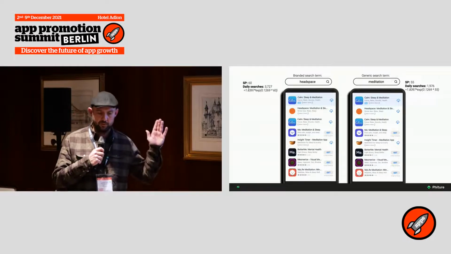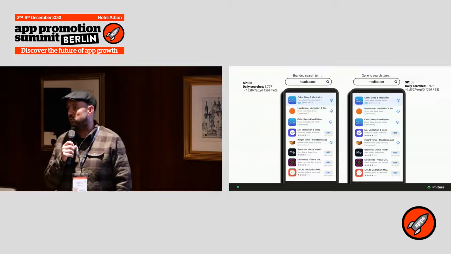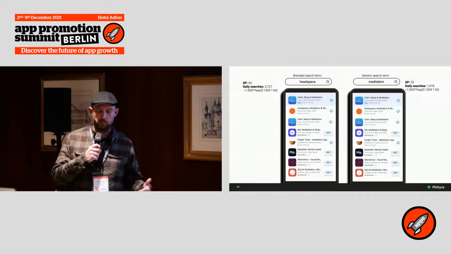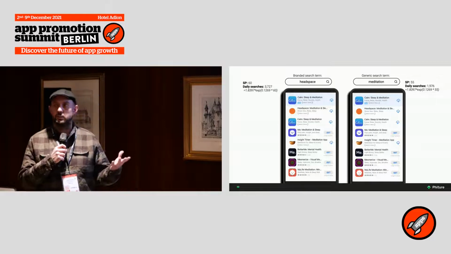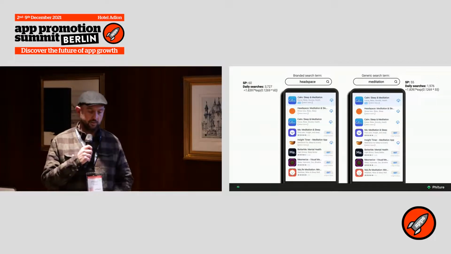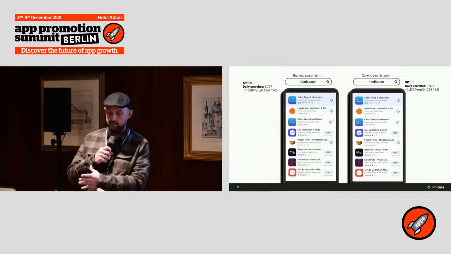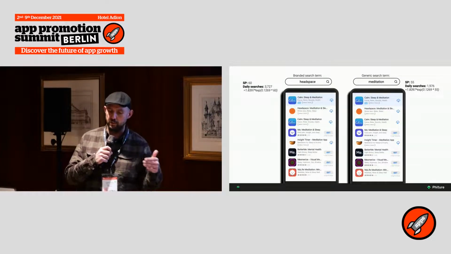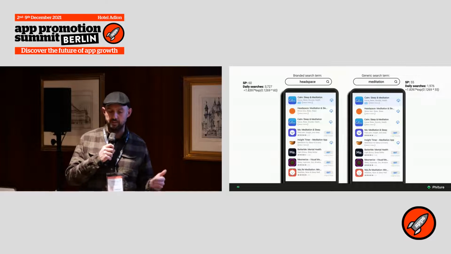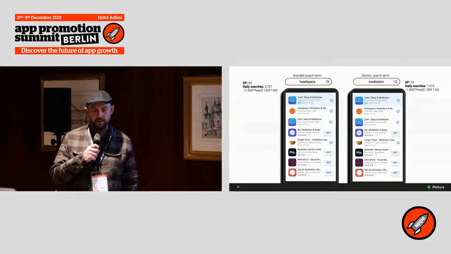So on the left, you have the branded search term Headspace, search popularity score of 60, meaning with our formula, with the exponential curve that Gabe was showing earlier, we estimate around 3,700 daily searches happening on the brand. Meditation also has a very high SP score, but because these SP scores are exponential, the number of daily searches is a lot less: 1,900, still impressive, but not as much as on the Headspace brand.